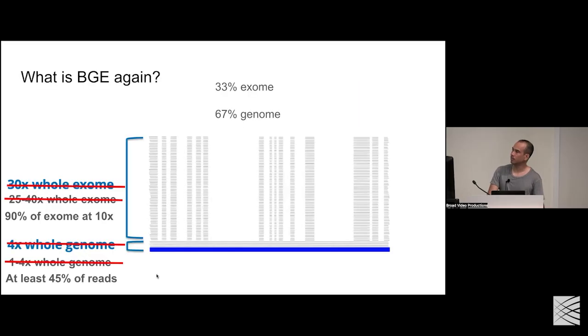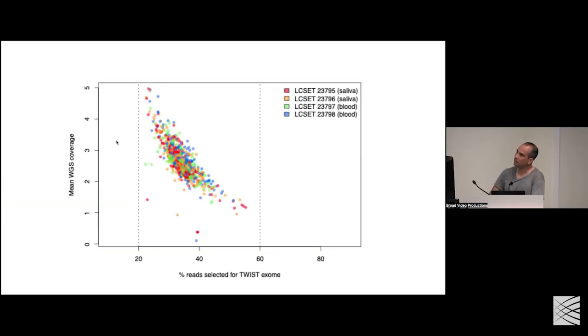mean coding depth. So really the goals, the deliverables, at least from the genotyping or sequencing side of things, are 90% of the exome at 10x, and we wanted to see that at least 45% of reads are going into the genome. This is another way to look at it. It's a little fuzzy, but as you can see, when you get high coverage, like 5x, a much smaller proportion go to the exome. But as long as we're getting 90% of our target captured at 10x, that's the main deliverable.